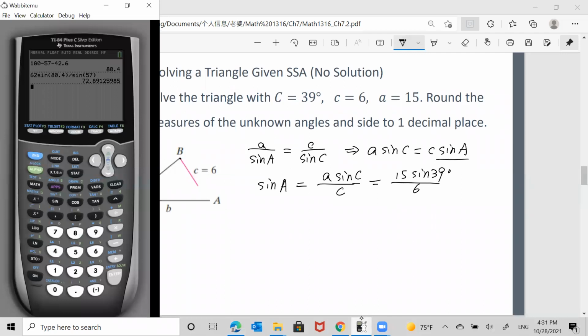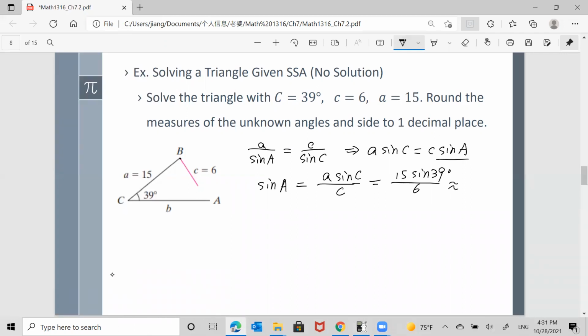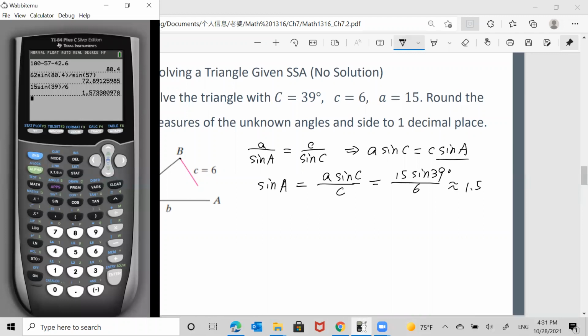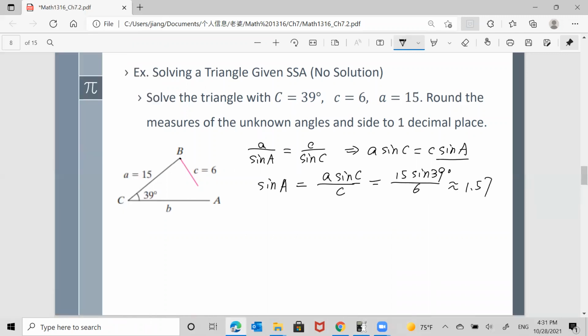So let's use a calculator to find the answer. 15 times sine 39, close parentheses, over 6. It's about 1.5 something. For example, 1.57. We have learned this is the sine A.